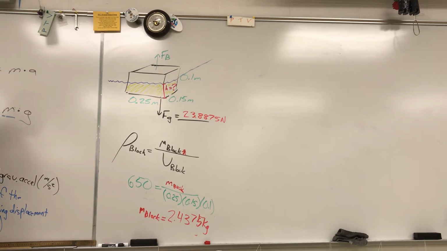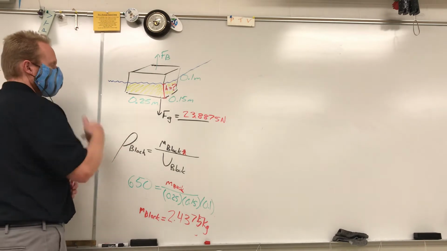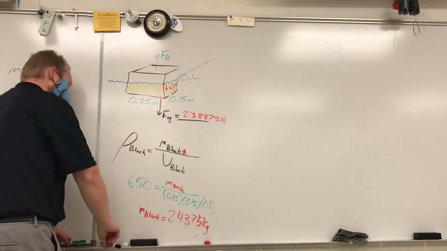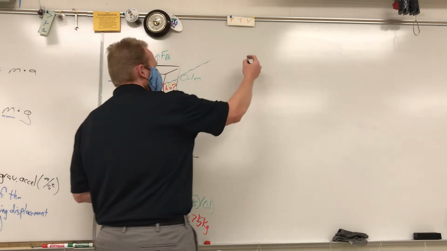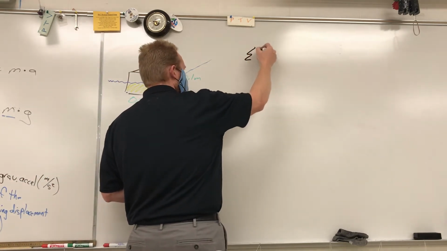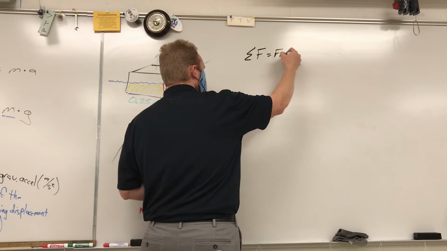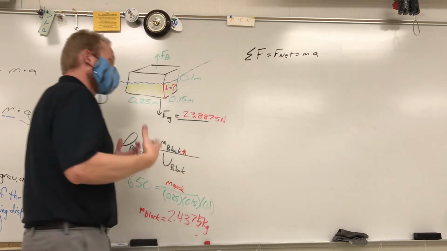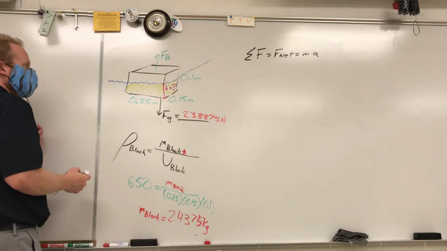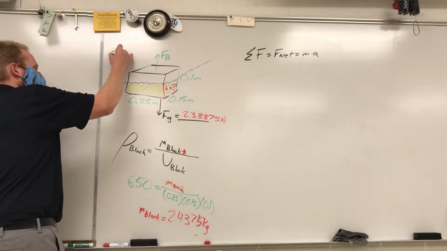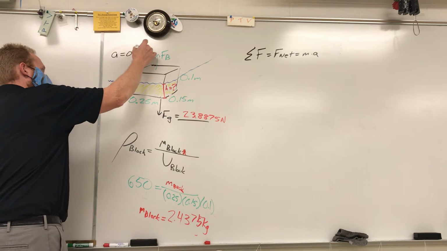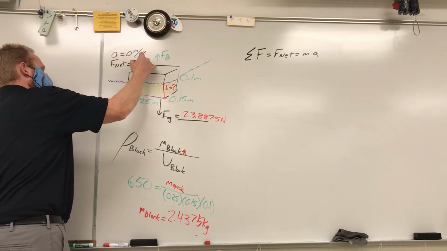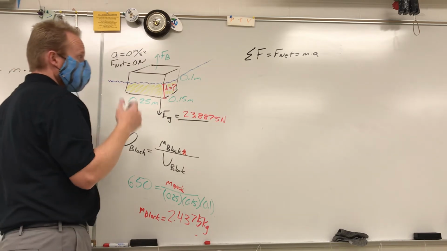Now, all of that is great except I don't know my buoyant force, and what I want is H. The way we get to that is we use Newton's second law. Newton's second law says the sum of all my forces is equal to F net, which is equal to mass times acceleration. This object is floating on the surface, which means the velocity is constant, which means our acceleration is 0, which means my F net is 0, and my forces are balanced.